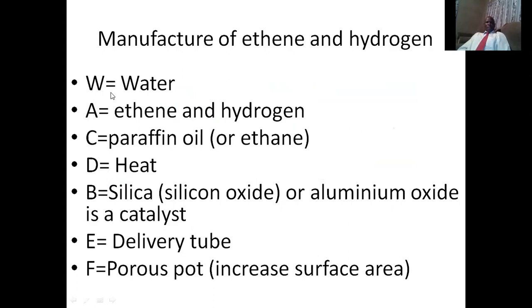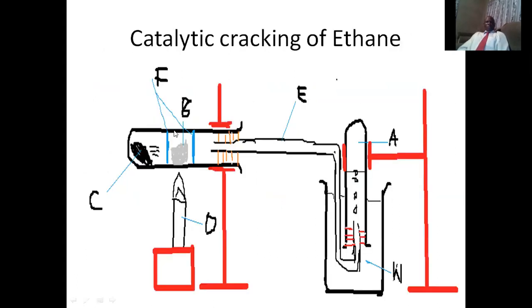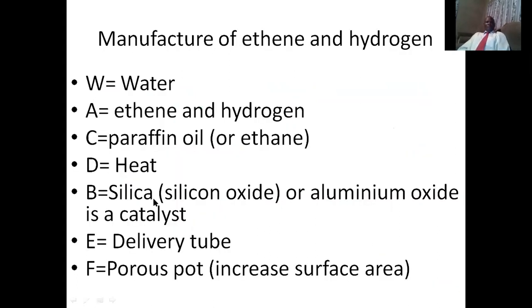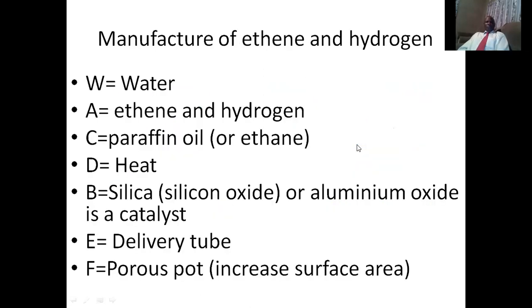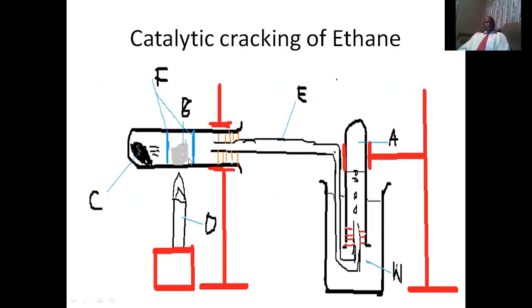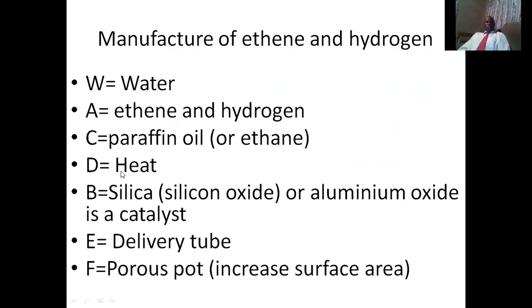W is water. And then A is ethene and hydrogen. That is, in A, what is collected is ethene and hydrogen. And then in paraffin oil, that's where the ethane is. And then we have the heat.